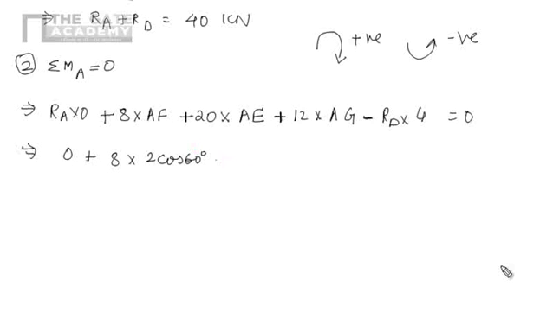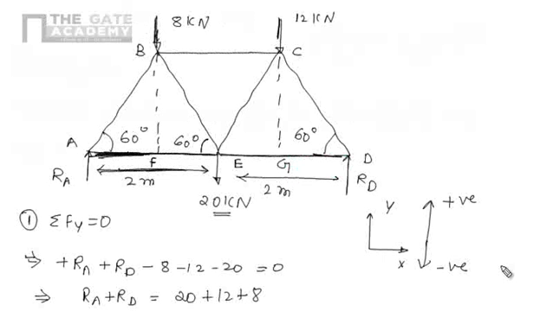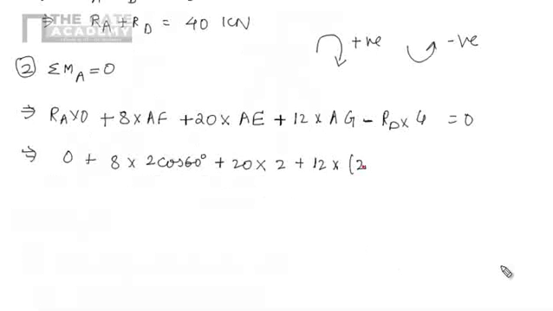And if we talk about this, 20 into AE will be 2 plus 2, and 12 into AG will be 2 plus EG. So we can write 8 into 2 cos 60, plus 20 into AE, plus 12 into AG, minus RD into 4 equals 0.